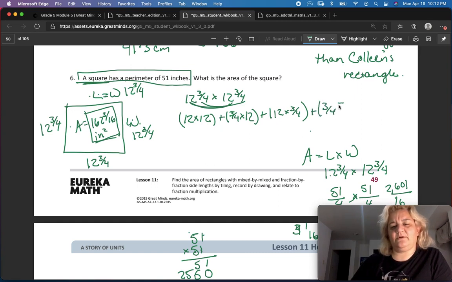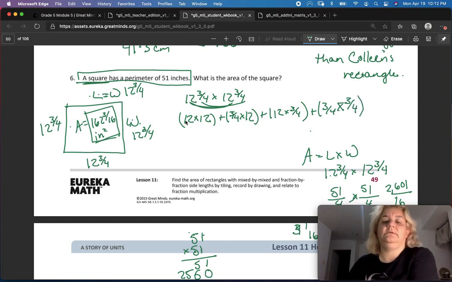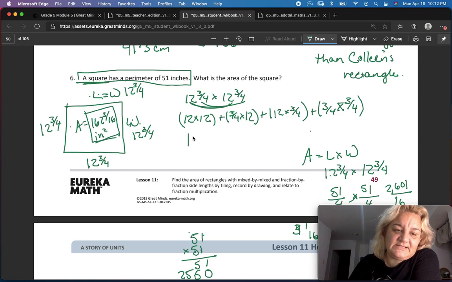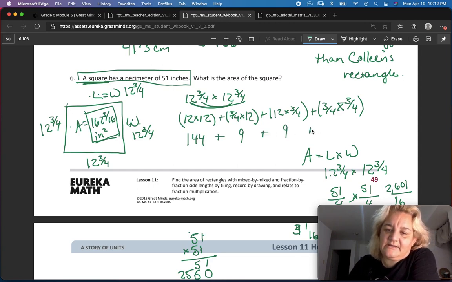I'm just checking my work because using improper fractions is not my favorite. So, okay, 12 times 12 is 144. 3/4 times 12 is 9, plus 9. And here at the end I have 9/16.